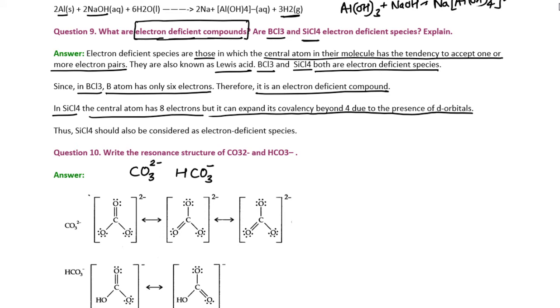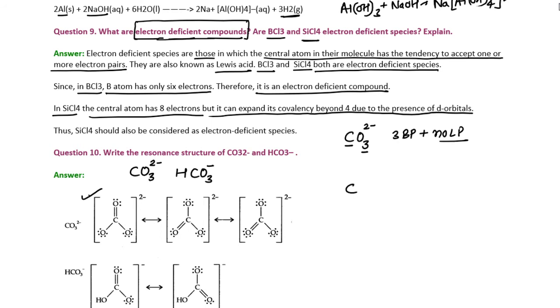Now in CO3 2 negative, if you write the structure, there are 3 bond pairs and how many lone pairs? See, carbon has 4 valence electrons, 2 electrons are gained, so 6 valence electrons on carbon. Out of 6, all the 6 are used because each oxygen shares 2 electrons. So total 6 electrons are used, so no lone pair.